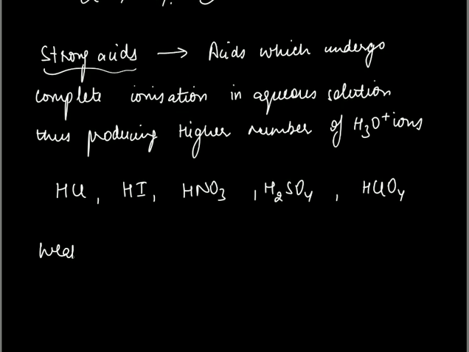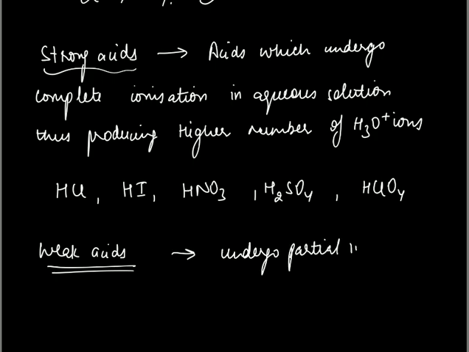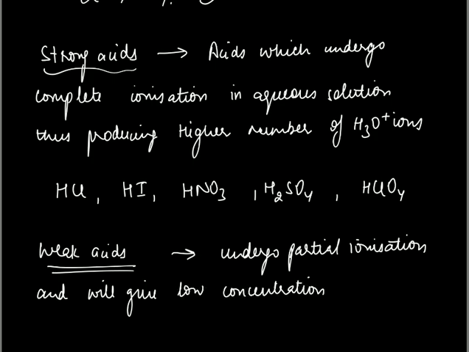Then if we need to define weak acid, you can use the same terms, just that you will write they will undergo partial ionization and will give low concentration of hydronium ions.